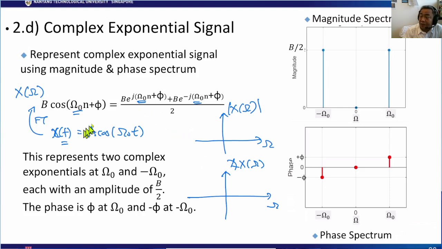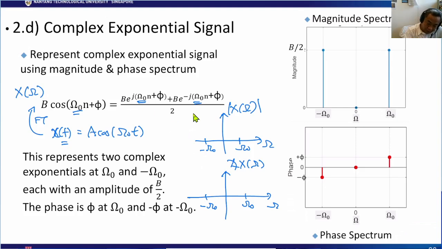Now, there are two frequencies, one at omega naught and one at negative omega naught. So let's mark this omega naught here and minus omega naught here. So these two frequencies are of interest, so we're marking them down first. What value are we going to put? The magnitude here means the magnitude of the complex exponential at this frequency, which is B over 2.